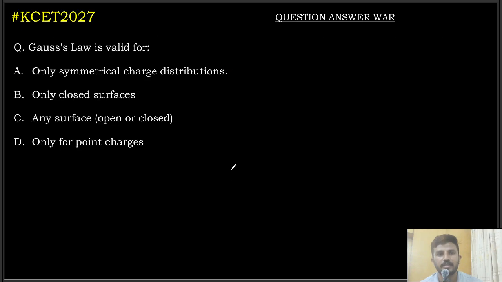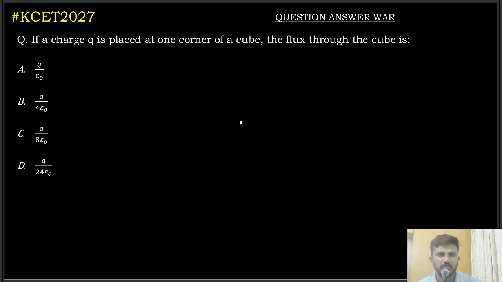Clear? Next, Gauss law is valid for any closed surface, so option B is correct. Next, if the charge Q is placed at one corner of a cube, then the flux through each cube: since the corner is shared with 8 cubes, you can just divide by 8. Option C is correct.